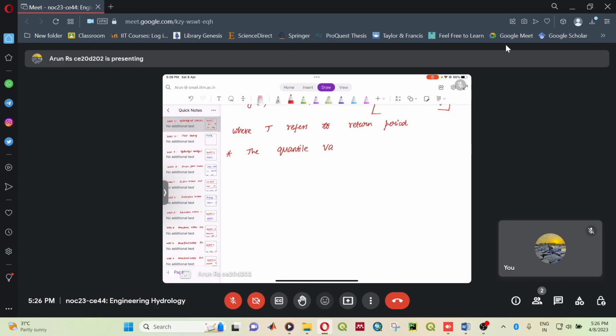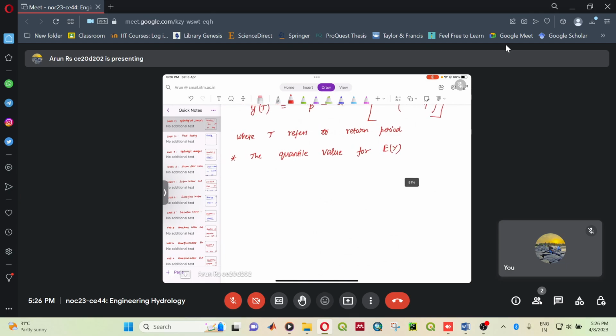The quantile value for E of y, that is mean annual flow, has a return period of 2.33 years.